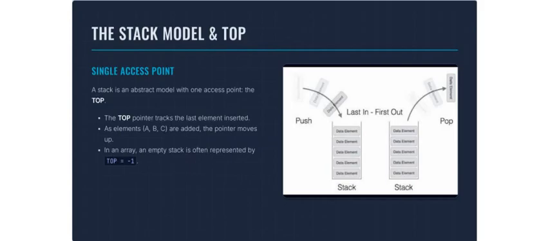In an array, an empty stack is represented by top equal to -1. The meaning is, when nothing is there in the stack, it is mentioned as -1. So the pointer will be at the lowest position because nothing is there in the stack.